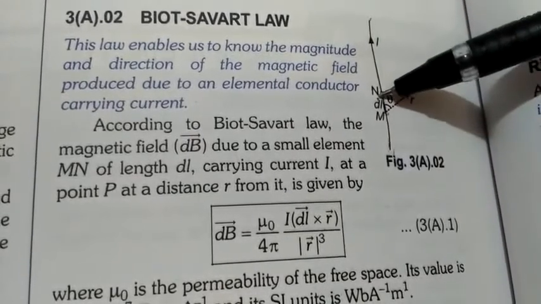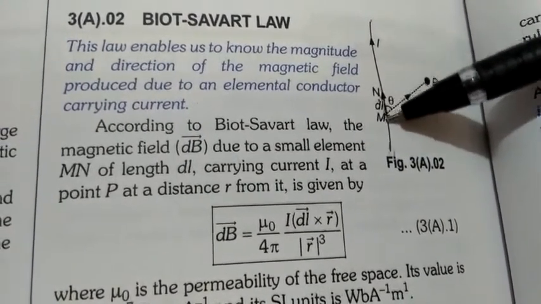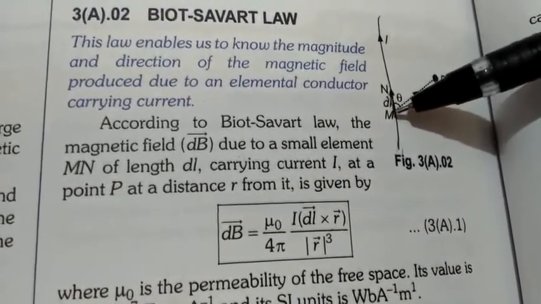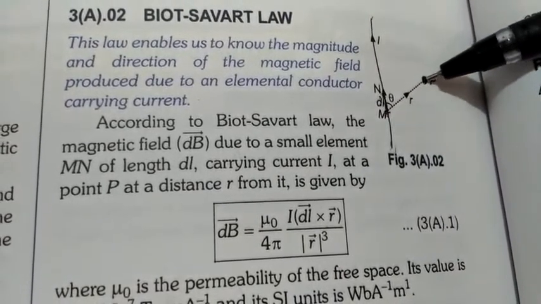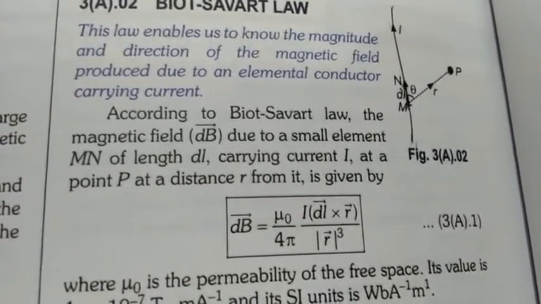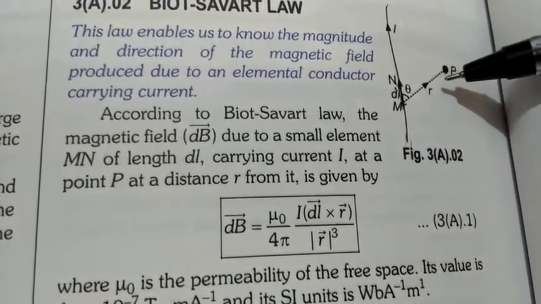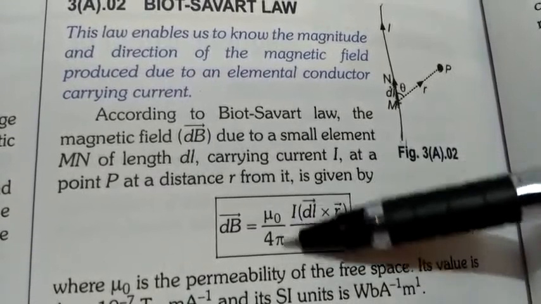Okay, so here you can see this is dl from N to M. This is dl, a small element of wire. Now suppose from this element at a distance r, this point P is located. So because of this, what will be the value of magnetic field? It will be equal to dB equals mu naught upon 4 pi.